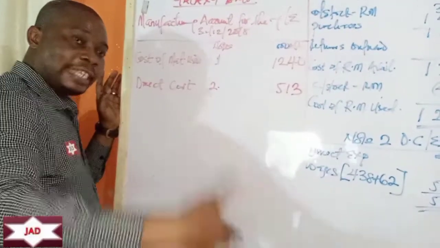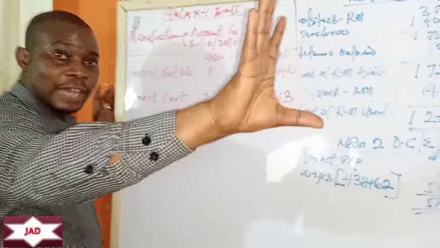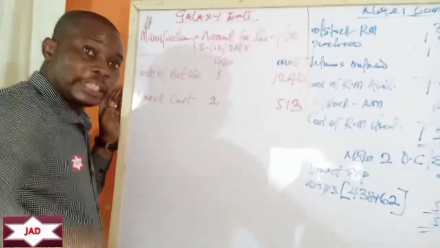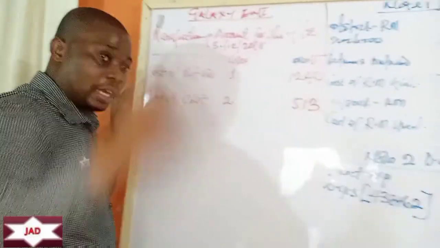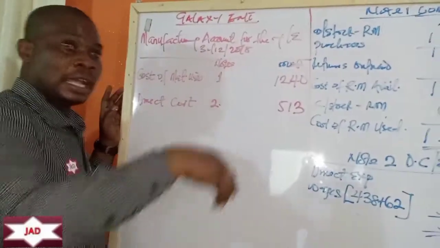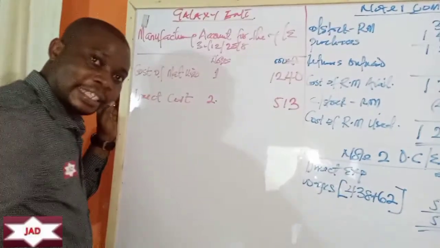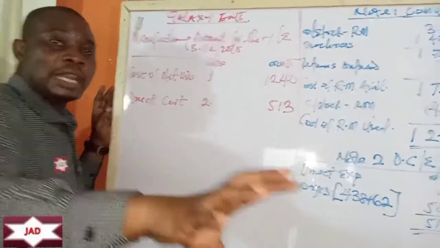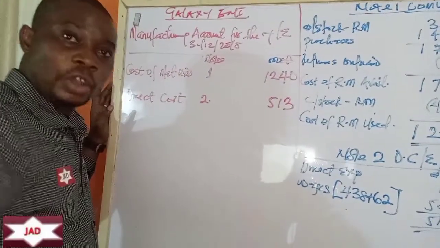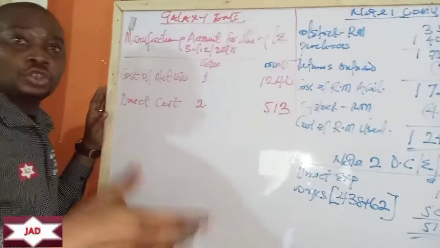Remember we've taken into consideration your flour, your eggs, your sugar, your milk, and all that. And then we've taken into consideration you yourself, which is the labor there, or your house help, whom you're going to pay an allowance for baking the cake. And then we need to take into consideration the space, the kitchen, which is more like the factory, and then the oven, which is more like the plant and machinery that you're using.